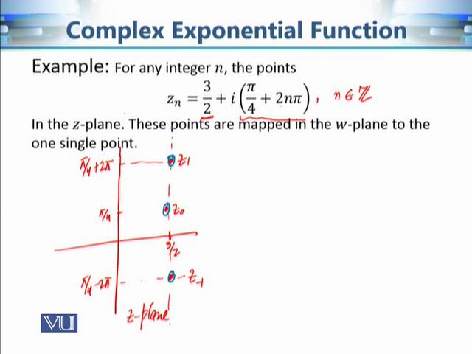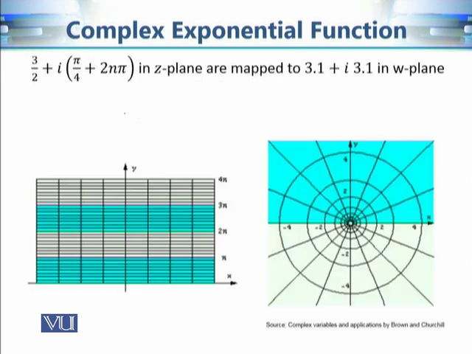All of these infinitely many points, according to our previous observation, are going to be mapped onto the same complex number under this complex exponential map. This is the input, and the output is going to be equal to 3.1 plus i 3.1.